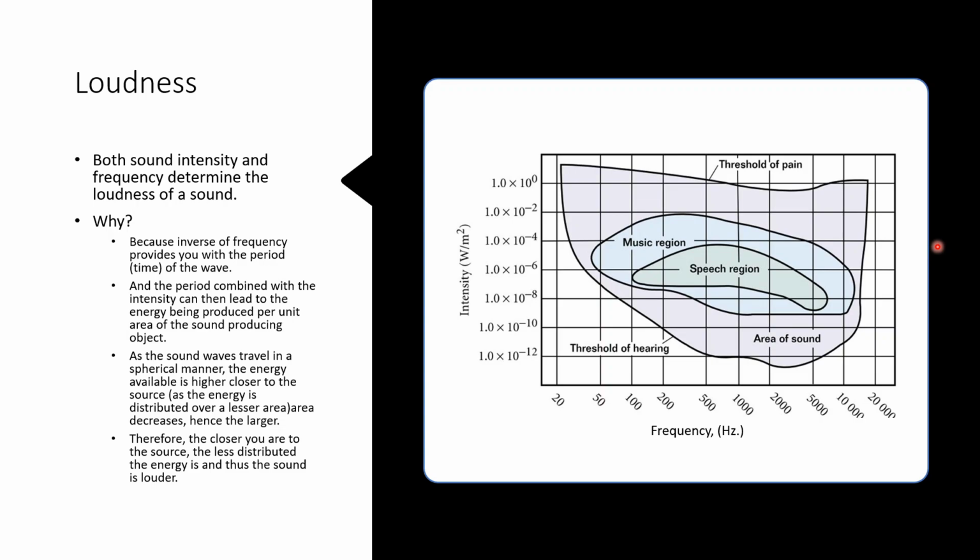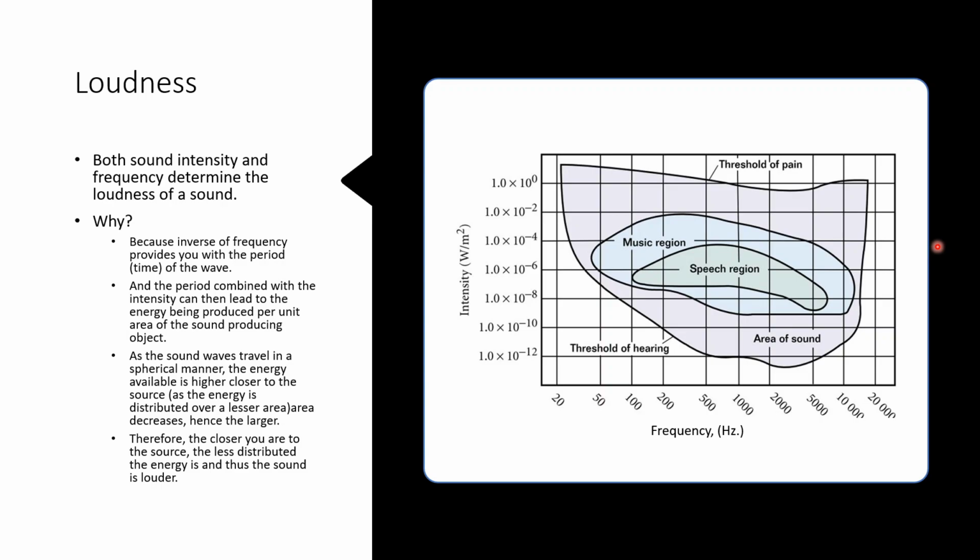So if you increase the frequency of a sound wave, there's more energy being delivered to the location, or to the observer, to the sink, or whichever way you want to think about it. But since the frequency is more, the distance between the wavefronts is much less, and that means more energy is being delivered to the location per unit time.